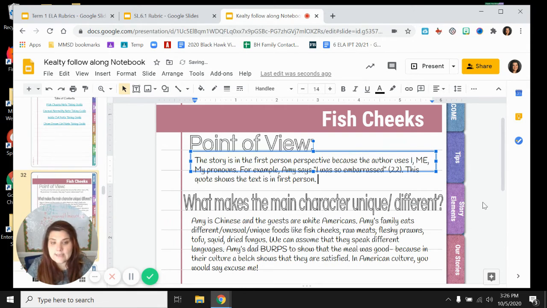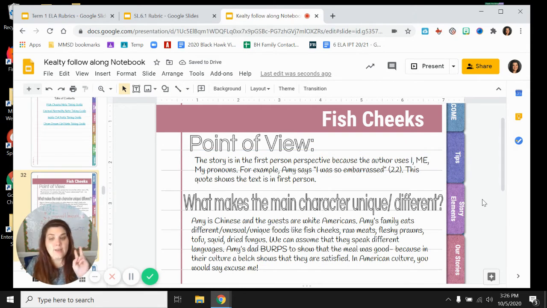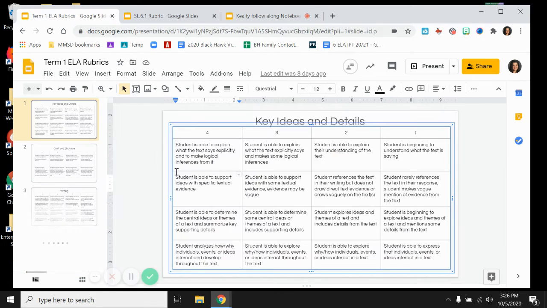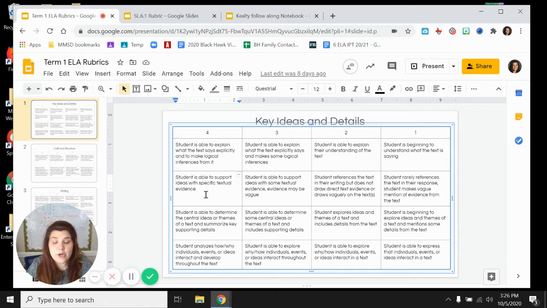Look at that. Awesome. I have answered the question, I have cited evidence, and I have explained my answer. So if I go back here, student is able to support ideas with specific textual evidence. If I want to earn a 4, I have to do that for every single response. Every single statement I make about the text has to have a specific textual example.